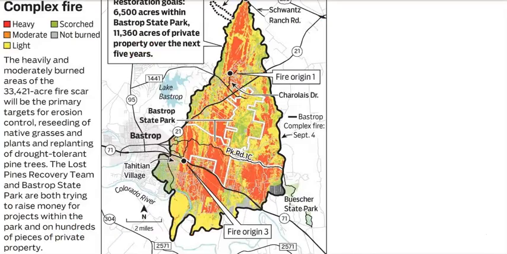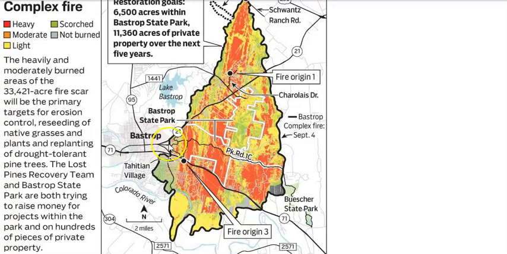Okay, so what I'm now doing is I'm looking at a map basically showing you the areas that were impacted by this fire. This is Highway 21. As you come down into Bastrop, this is Highway 71.